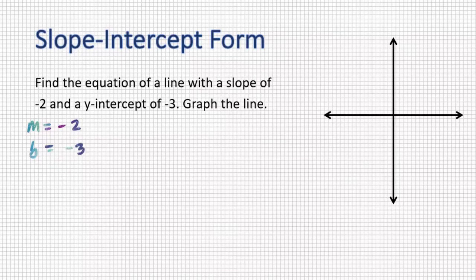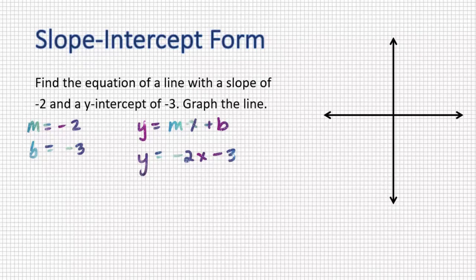We're in slope-intercept form, so the formula we're looking for is y is equal to mx plus b. Now we simply substitute in the information given. So y is equal to -2x plus b, and b in our case is -3, so y = -2x - 3. And this is enough information to graph the line.